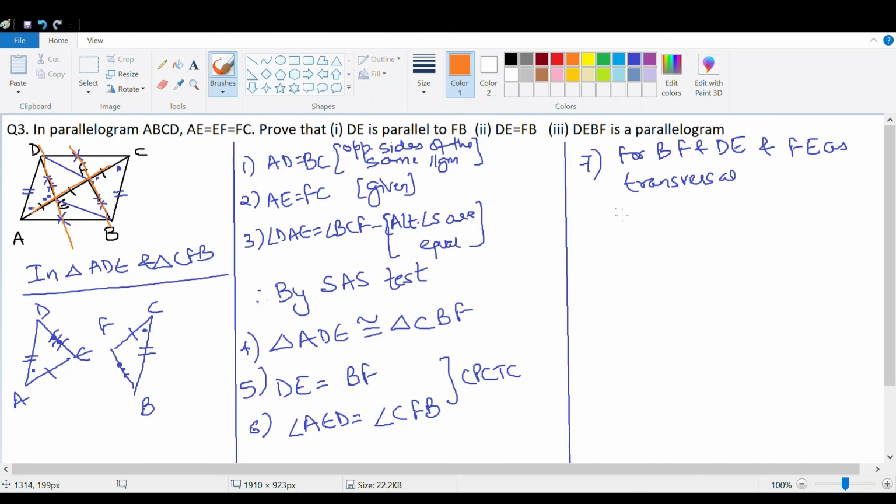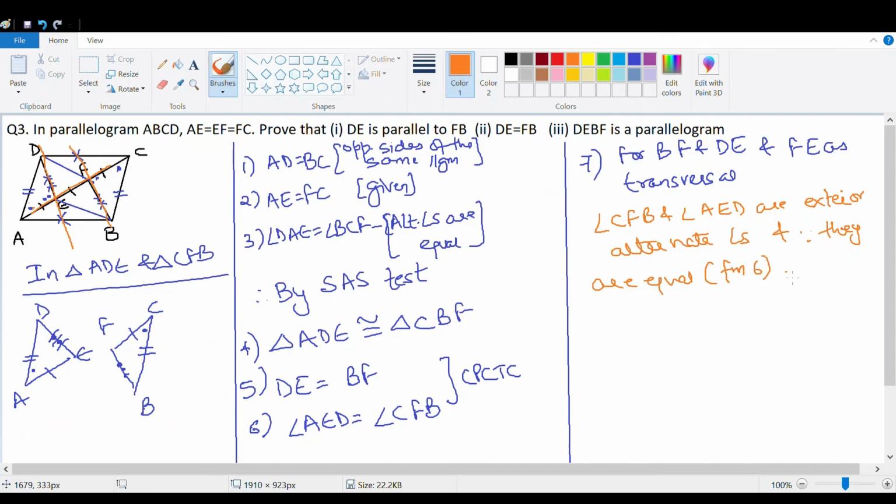For FE as transversal, angle CFB and angle AED are exterior alternate angles, and since they are equal, how are they equal? From 6, therefore BF is parallel to DE. This is my point number 8.